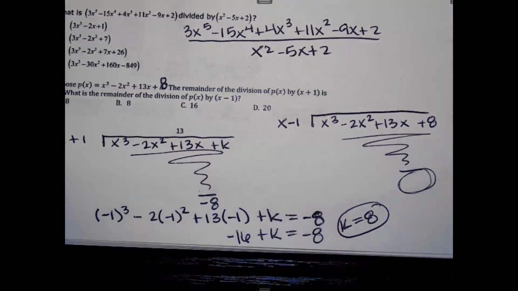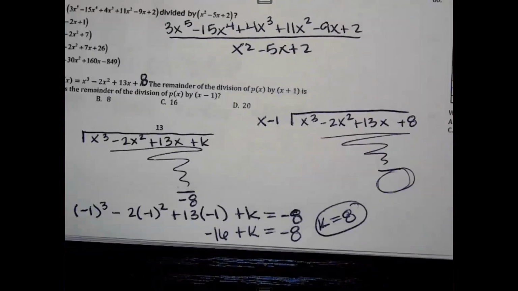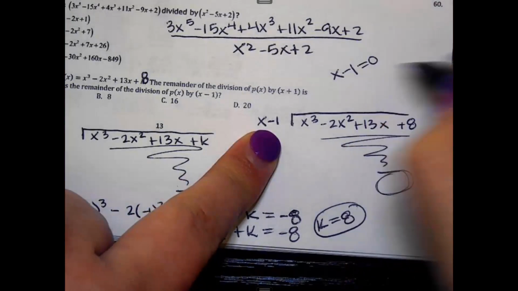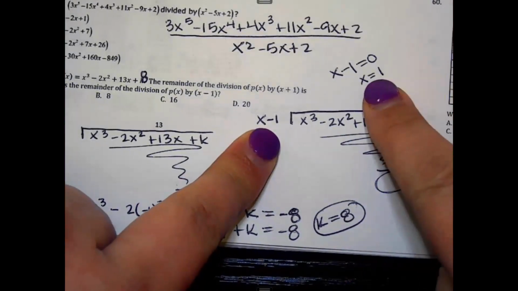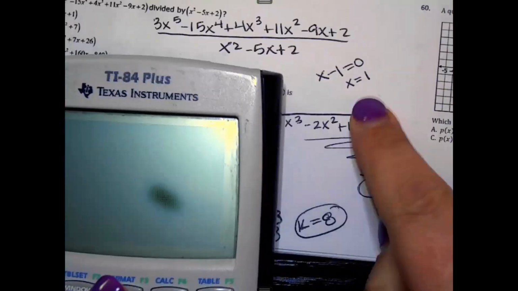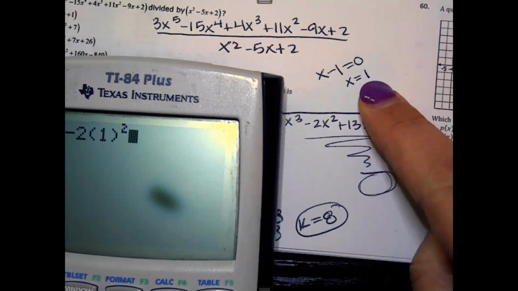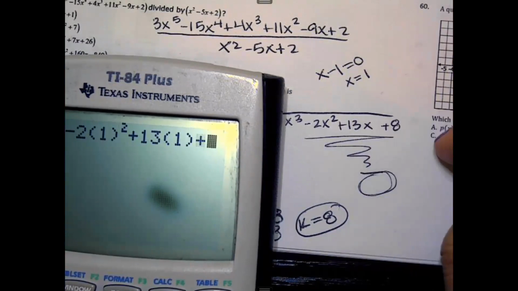So what should I be doing? Okay, so I'm going to say x minus 1 equals 0, so x equals positive 1. I'm going to use a positive 1 this time, and I'm going to plug a positive 1 into the function. So I'm going to do positive 1 to the third minus 2 times positive 1 squared plus 13 times positive 1 plus 8.